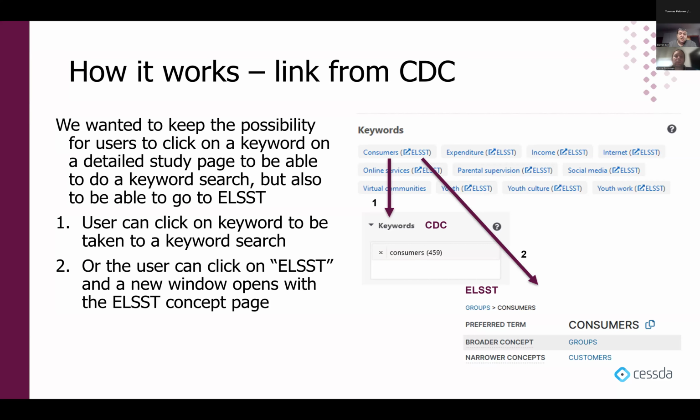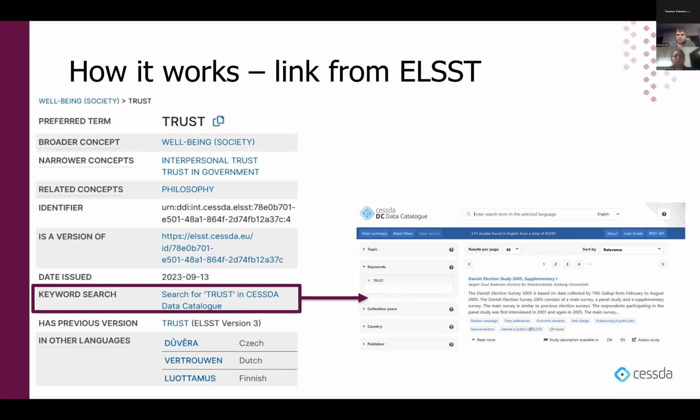So if you look in the CESSDA data catalog here, for example, you would see that you have the keywords there, which are Elst keywords. We have one here, which is consumers. And then when you click on that keyword in the browser, that will actually take you through to Elst itself.